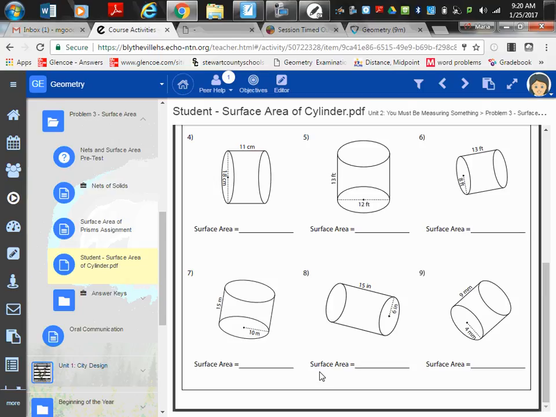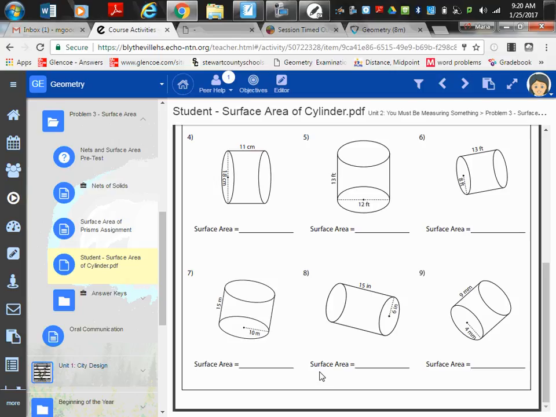I did one of them for you. You still have to have it on your paper. So the problem that I just worked, you still have to have it on the paper. That's problem number 1. So I hope you wrote it down. So your assignment is 1 through 9.